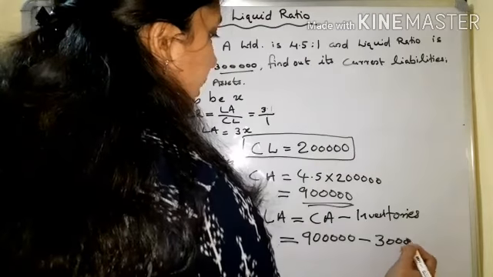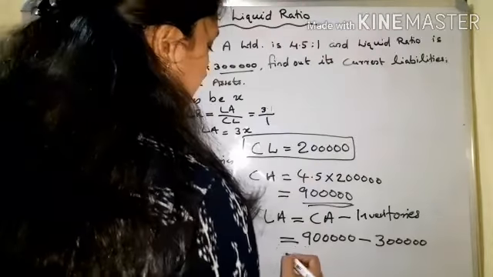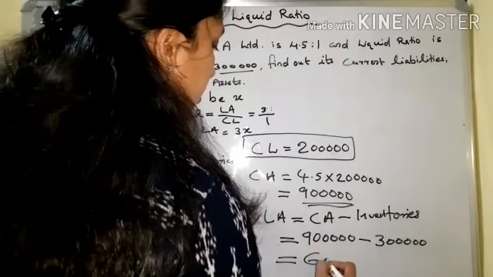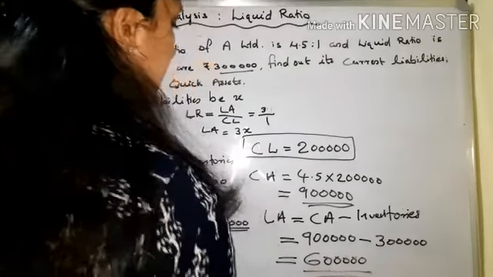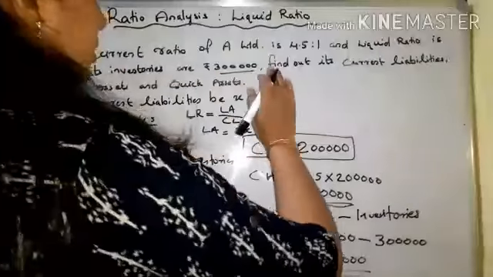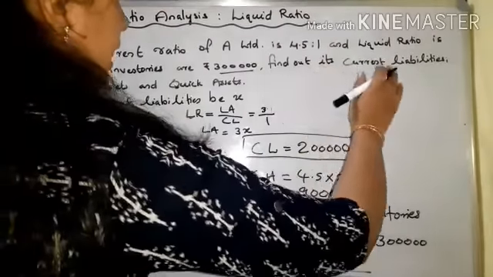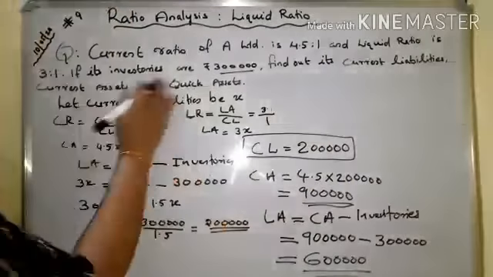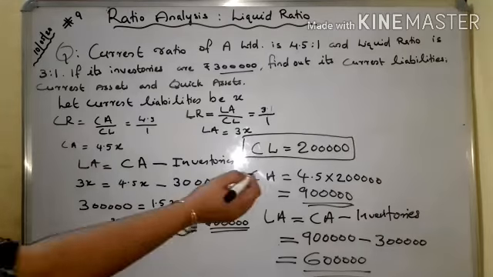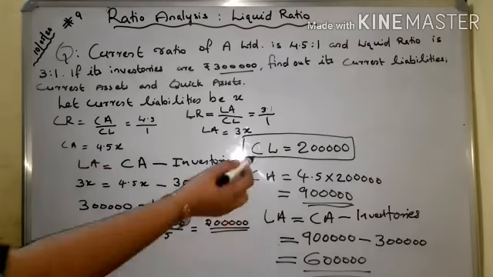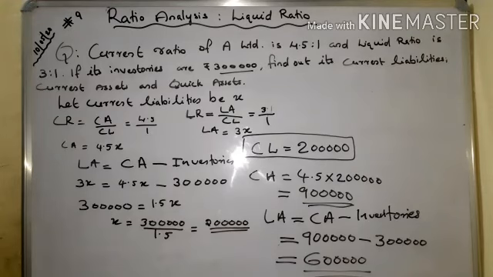Deduct 3 lakhs, then liquid assets is equal to 6 lakhs. Our question was to find out current liabilities, current assets and liquid assets. So current assets 9 lakhs, current liabilities 2 lakhs and liquid assets 6 lakhs.